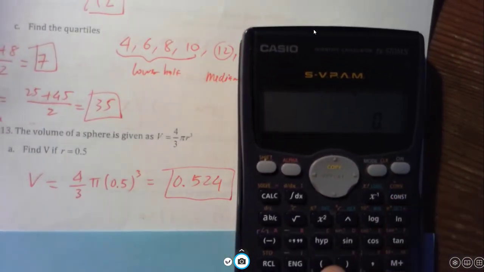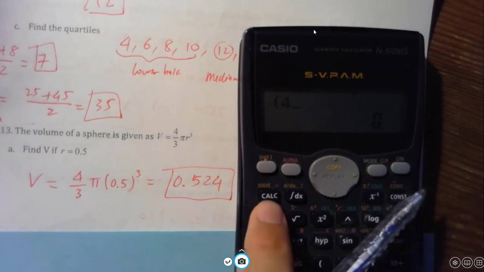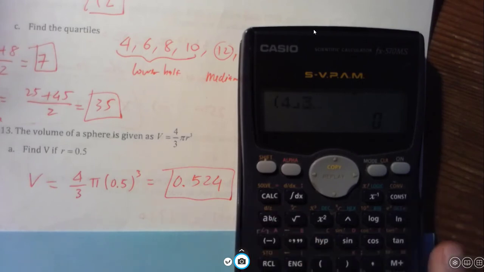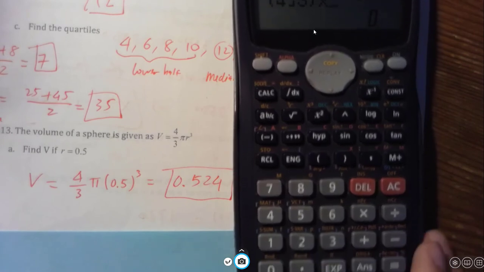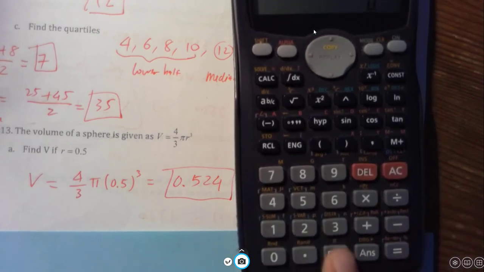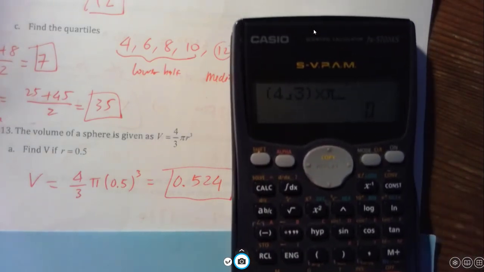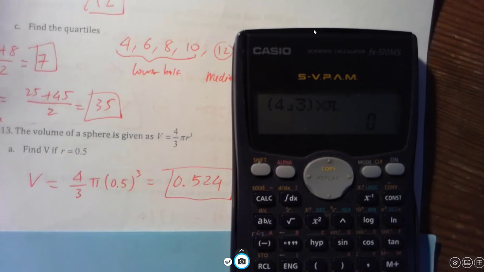So 4 over 3, multiplied by pi, and I can use the pi key on the calculator, or you can put 3.14, multiplied by 0.5 to the power of 3, equals.